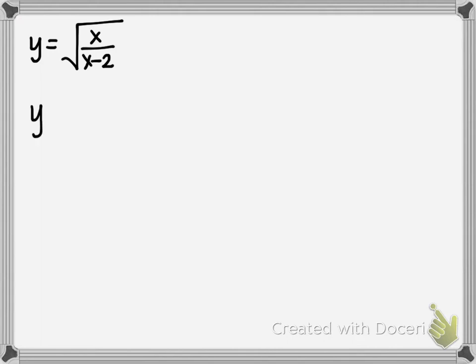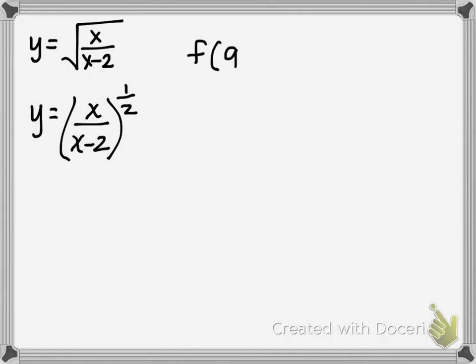And it might be helpful to first rewrite this function. Instead of it written as a square root, we might want to rewrite it as the quantity x divided by x minus 2 to the 1/2 power, because then it's more easily seen as a composite function. So a composite function has an outer piece and an inner piece.